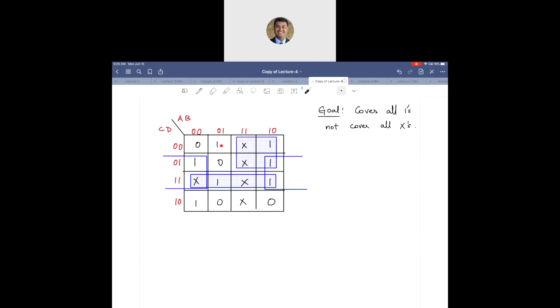How about this guy? This guy is still left, right? Who can you combine that with? The only place you can combine that with is a group of 2 there. What else is left? This particular one is left. Who can you combine this with? Well, the only place you can combine it with is right here.